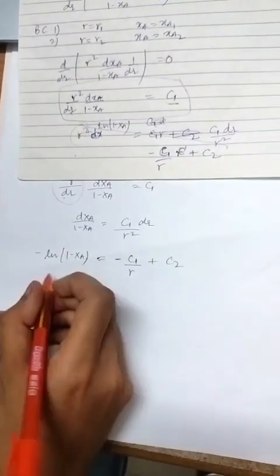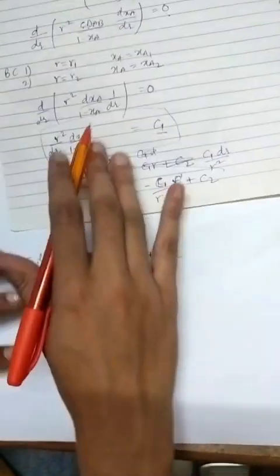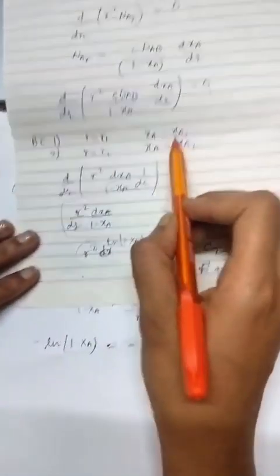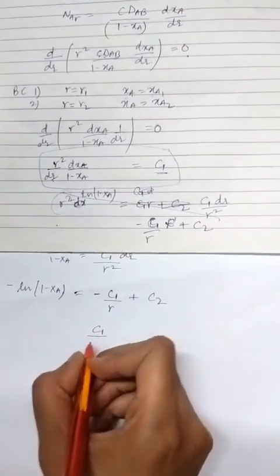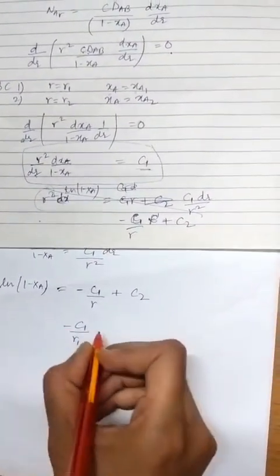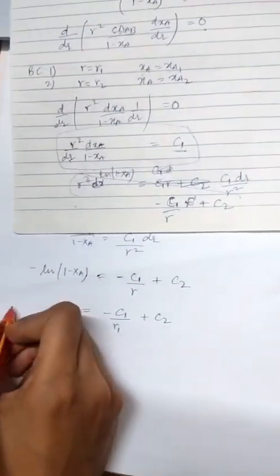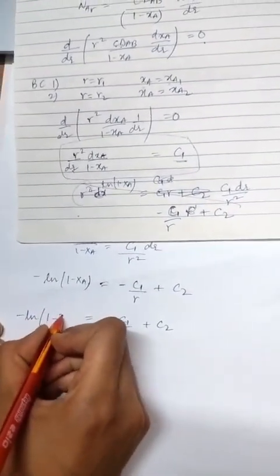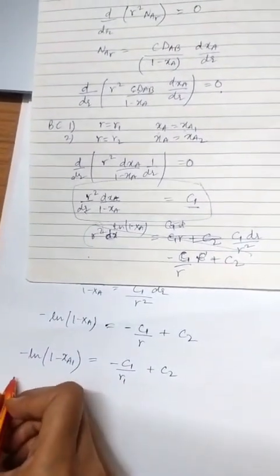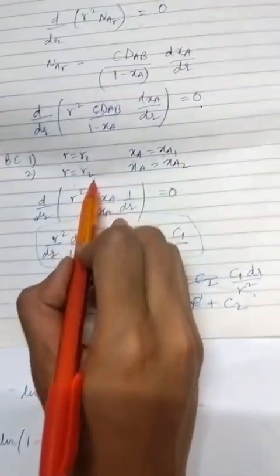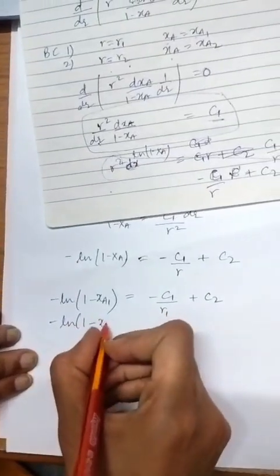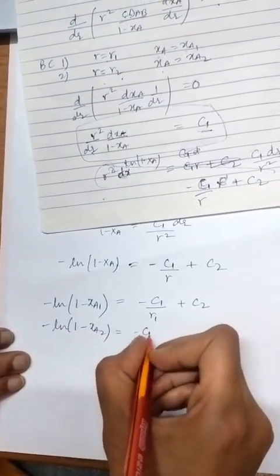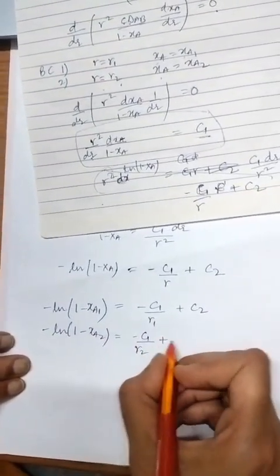Now substitute the boundary conditions: at r equal to r1, XA equal to XA1, we get C2 equal to minus ln 1 minus XA1 plus C1 upon r1, and the second boundary condition at r equal to r2, XA equal to XA2, gives ln 1 minus XA2 equal to minus C1 upon r2 plus C2.